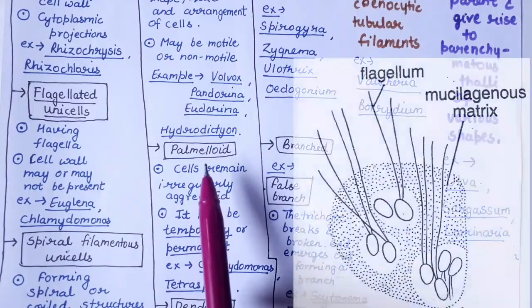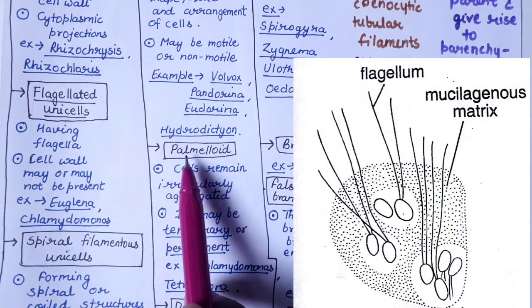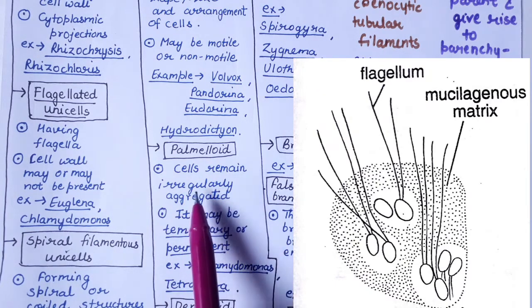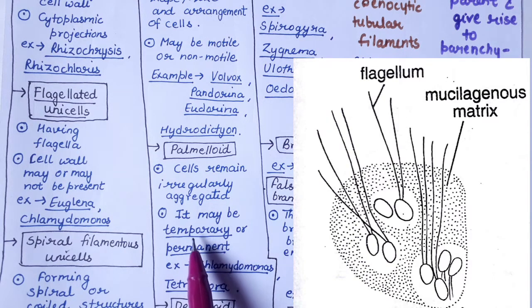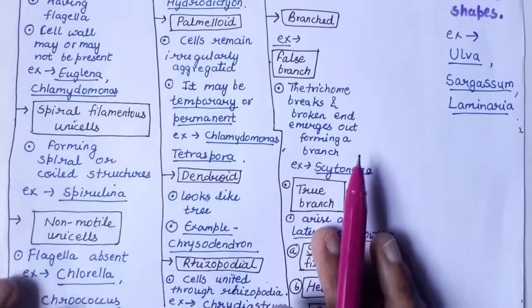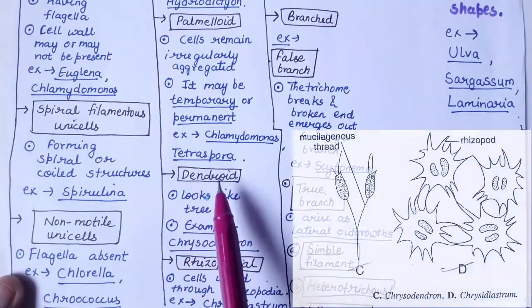Now coming to our next category, that is palmelloid colony. In this case, the cells remain irregularly aggregated and this type of colony may be temporary or permanent. Examples are Chlamydomonas and Tetraspora. Now coming to another category of the colonial form, that is dendroid colonial form.